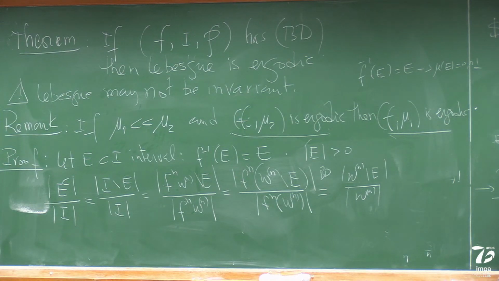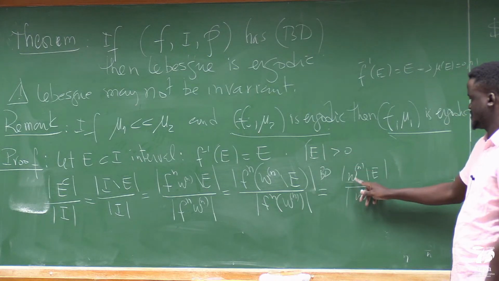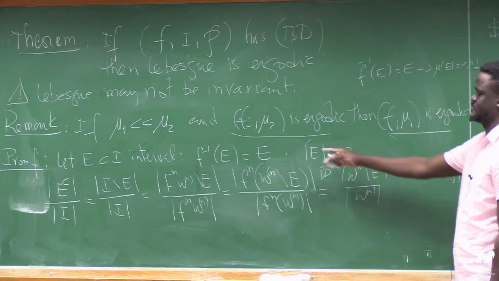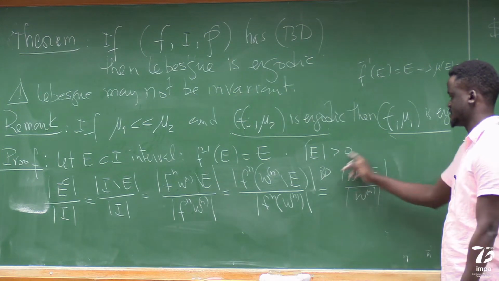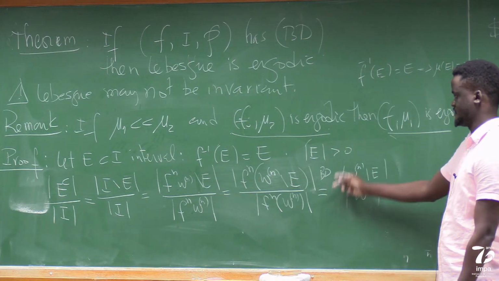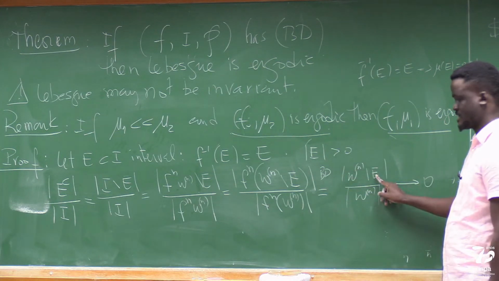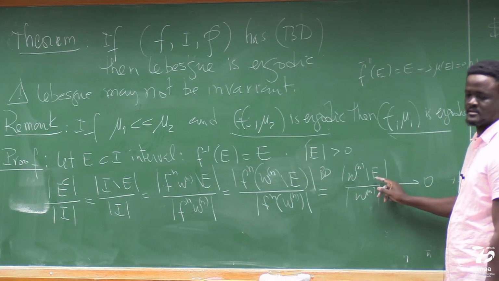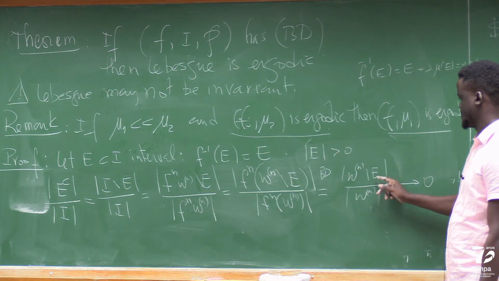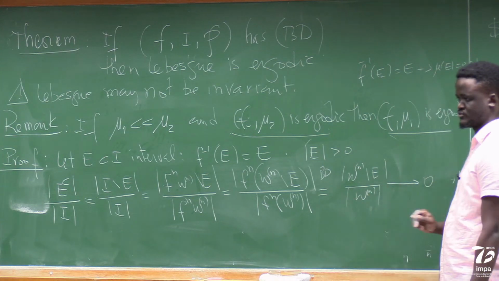And if E has positive measure, you can choose omega_n to be in E so that this goes to 0 as n goes to infinity, because you can choose omega_n in E so that this is arbitrarily small compared to this one.